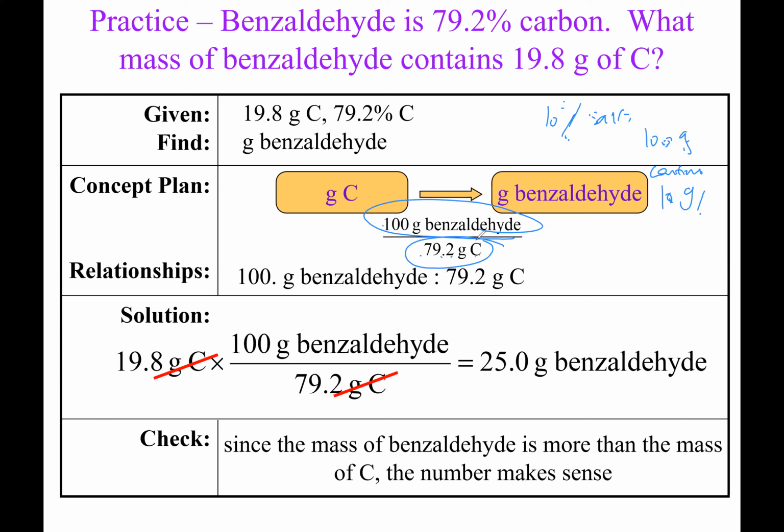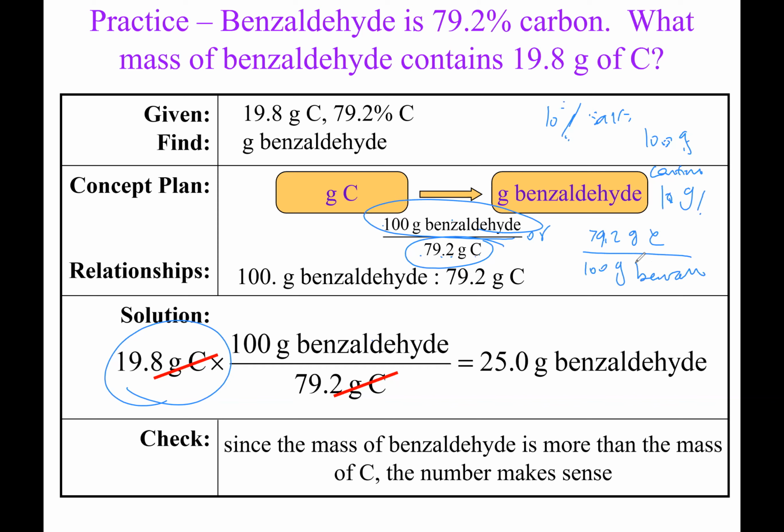carbon. So now you have 19.8 grams of carbon, and you want to know the mass of the benzaldehyde that would have 19.8 grams of carbon. You can write the percentage in fraction form as the conversion factor, and it goes both ways. 79.2 grams carbon for 100 grams of benzaldehyde.